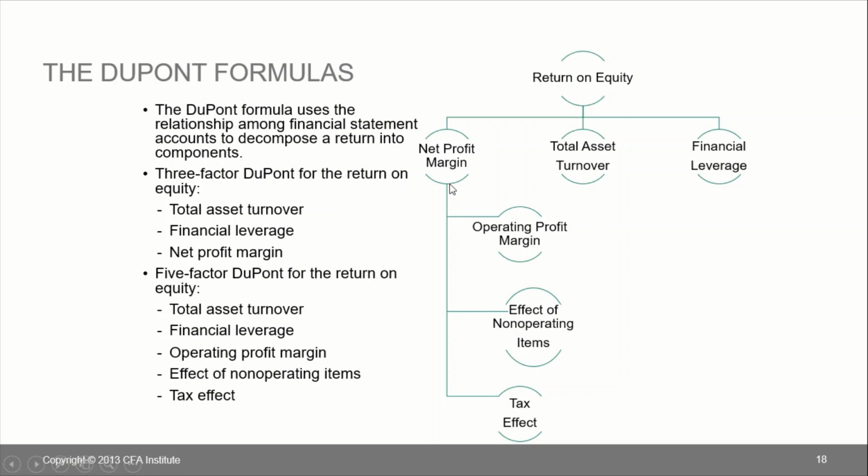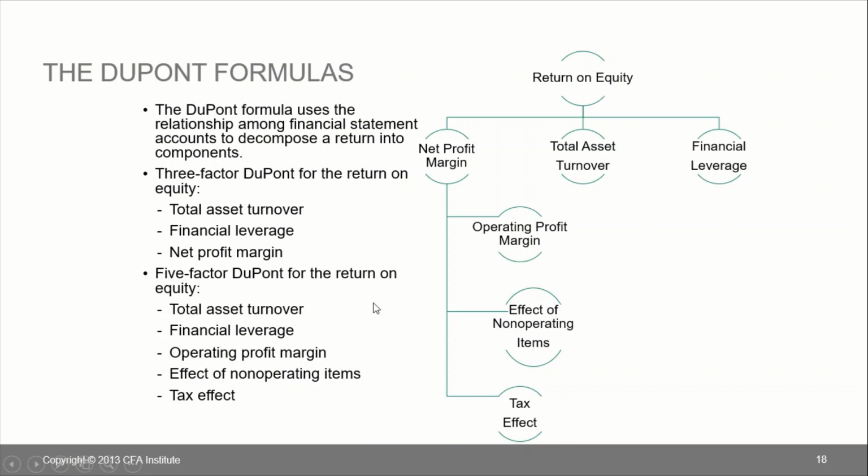So, itong DuPont formula, dinadissect niya yung total asset turnover, yung financial leverage or yung tinatawag nating equity multiplier, and yung net profit margin. So, these are the three major components of the increase and decrease on the ROE.